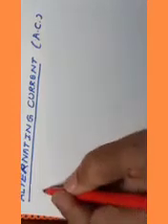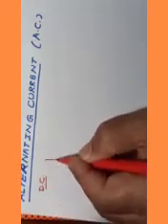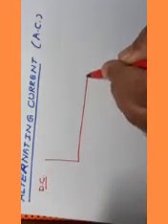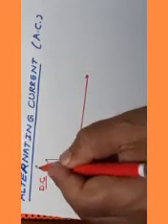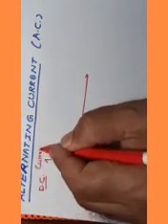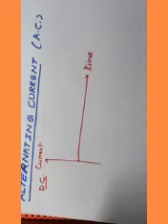For DC, we can show something like this. Graphically, if we want to show that, this is current versus time. Then the direct current may be something like this.